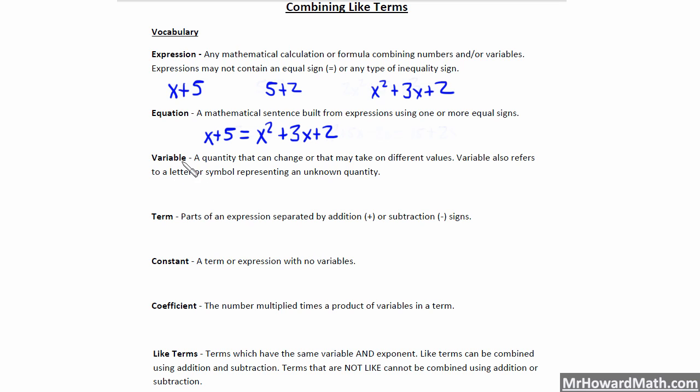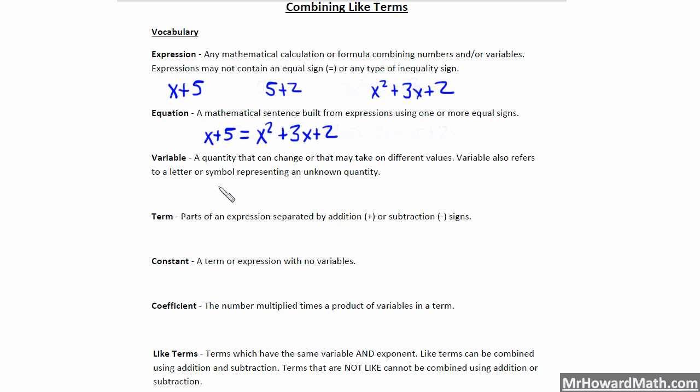All right, a variable. Next vocabulary word. A variable is a quantity that can change or that may take on different values. A variable also refers to a letter or symbol representing an unknown quantity. So that second sentence is probably the most common way that you can think about it. But it's important to understand that that variable, that letter, that symbol represents a quantity that can change or that may take on different values, and that's exactly what a variable is.